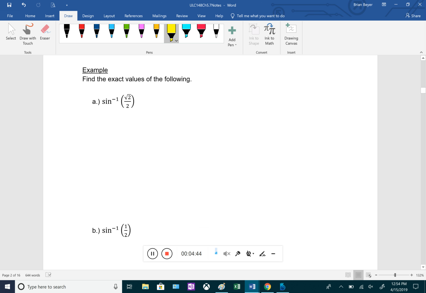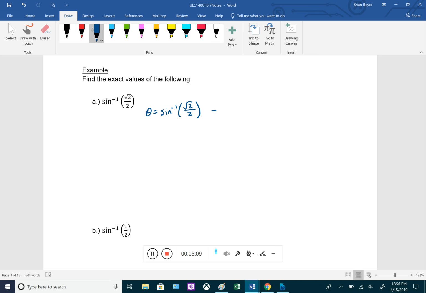Let's find the exact value of sine inverse of radical 2 over 2. If we want to set this up the way we just mentioned, we would say theta equals sine inverse of radical 2 over 2. Essentially sine inverse is an angle.